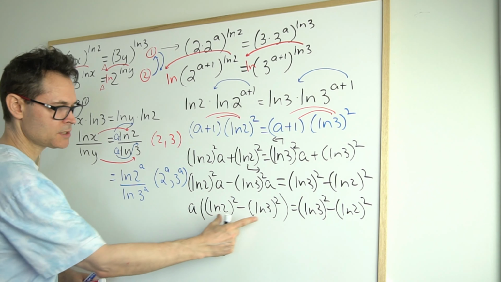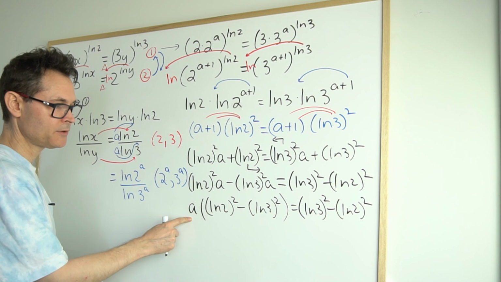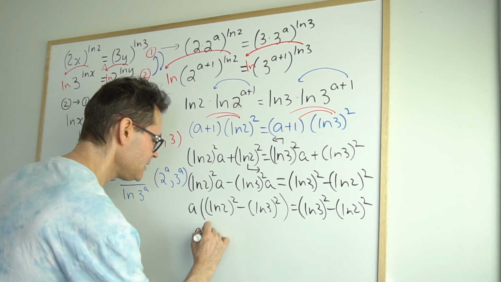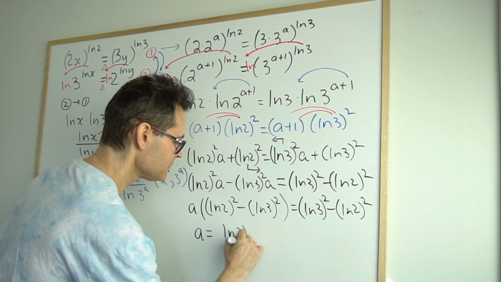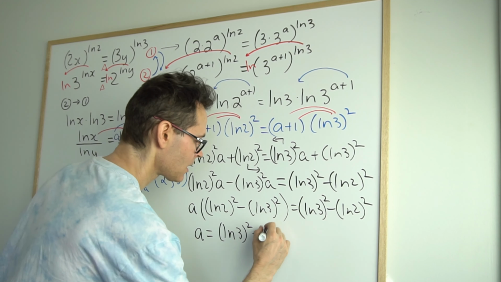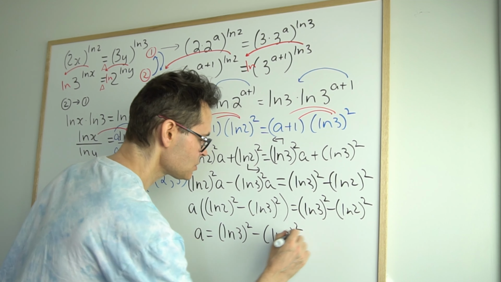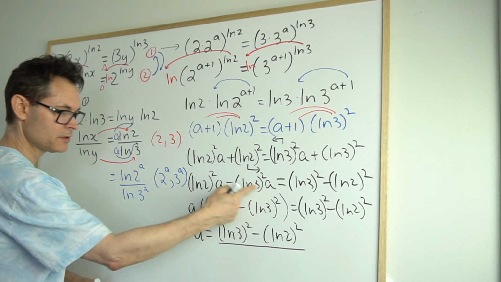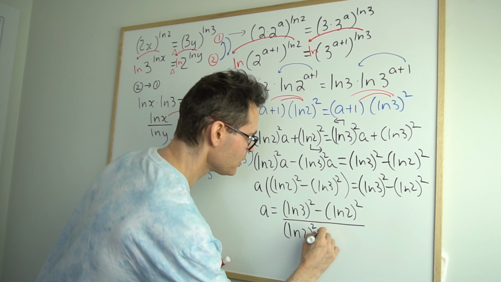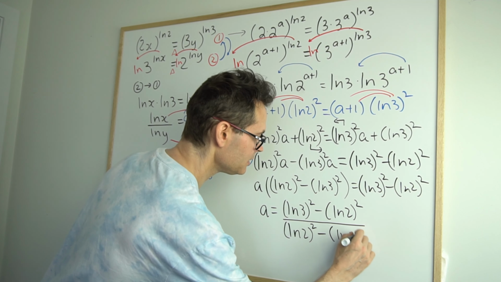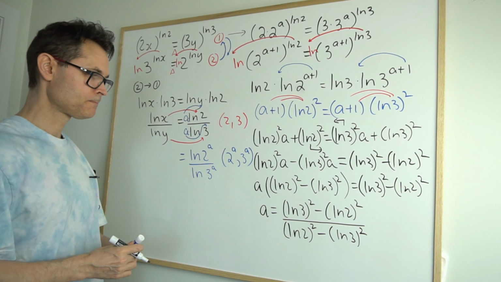And then that's just a coefficient on a, so I could divide it out on both sides, which means that a is equal to, well, the right-hand side, the ln of 3 squared minus the ln of 2 squared all over this coefficient, which is going to be the ln of 2 all squared minus the ln of 3 all squared.